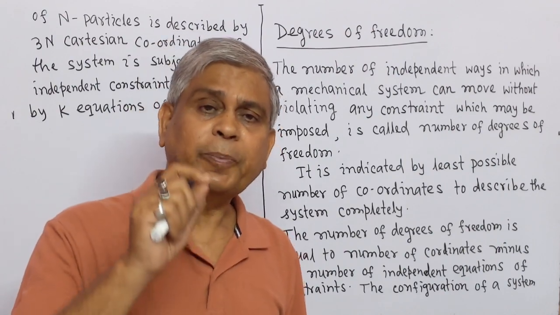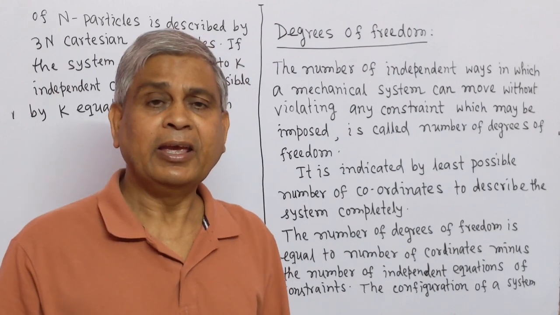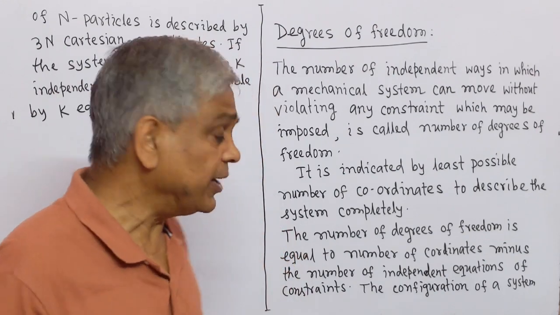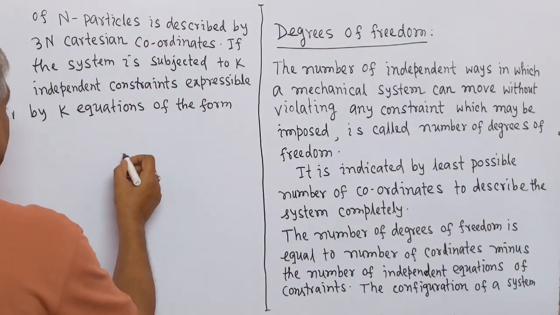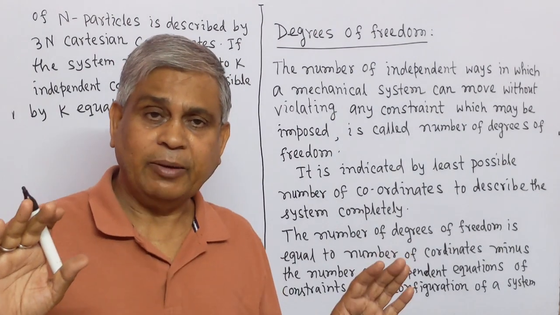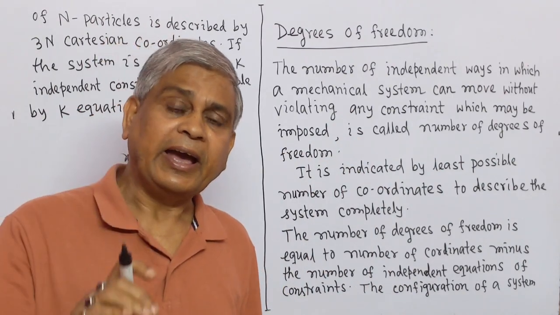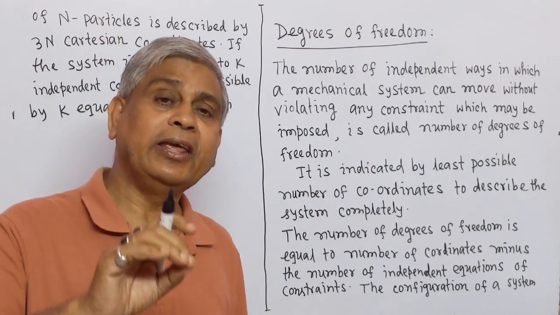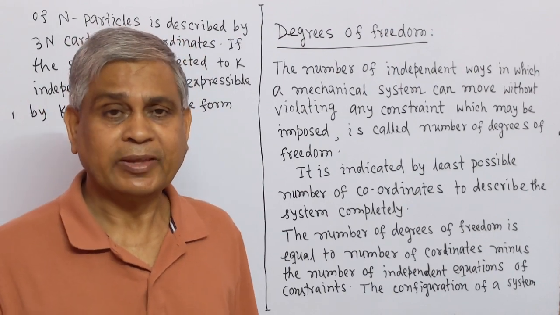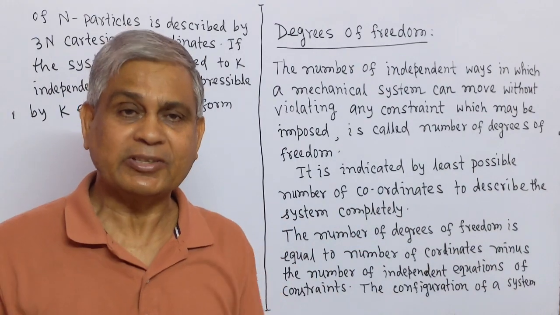The motion of any particle may be described by its three coordinates x, y, z. The particle may move in any manner, so it has 3 degrees of freedom, meaning it may freely move in 3 dimensions.